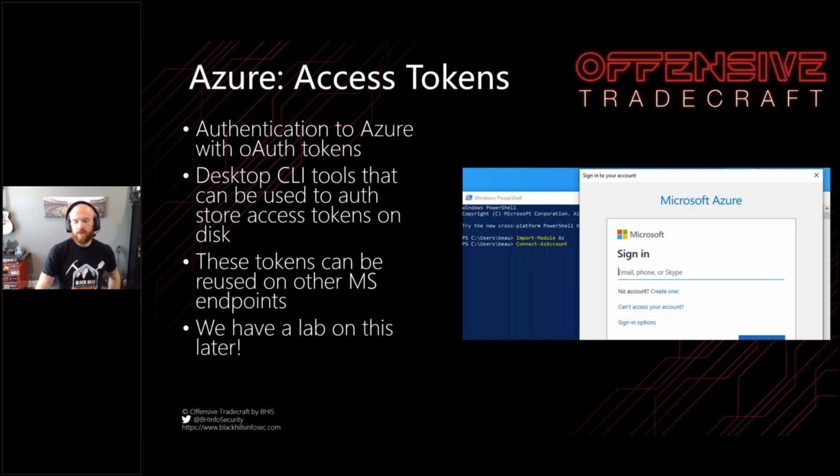The other thing that's cool is that with these tokens, you can sometimes authenticate to different endpoints. With the Azure PowerShell modules, you can use the tokens to authenticate to the Microsoft Graph API, which is good for enumerating a ton of information about the domain. I'll talk to you later about a brand new tool that Dirk-Jan released called ROADtools that specifically talks to the Microsoft Graph API and enumerates all the data from Azure.